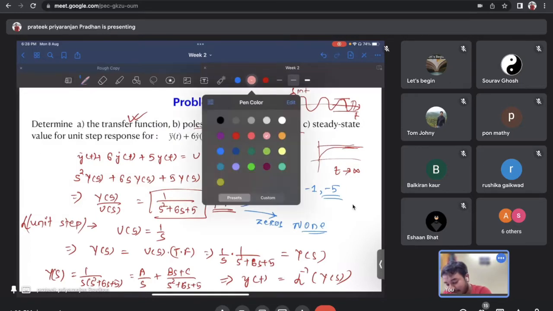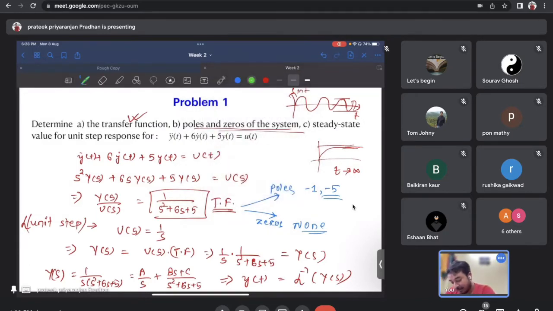I will use some other color, green maybe. So this is my transfer function: y of s is equal to u of s times the transfer function, and y of t at infinity is the limit as s tends to 0 of s y of s.